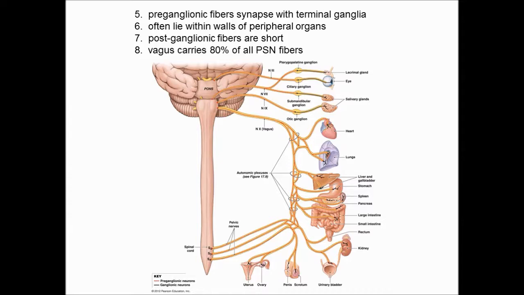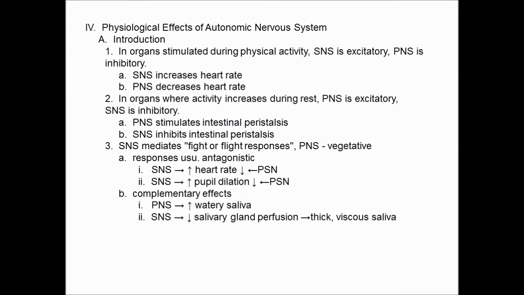So the predominant thing that's left is what are the effects of these two systems. There's a lot of overall general statements, and they are a good way of remembering the branches and their effects.